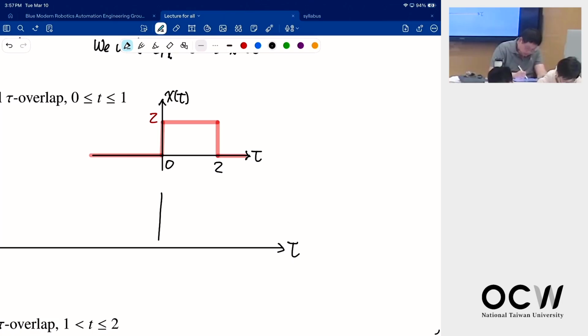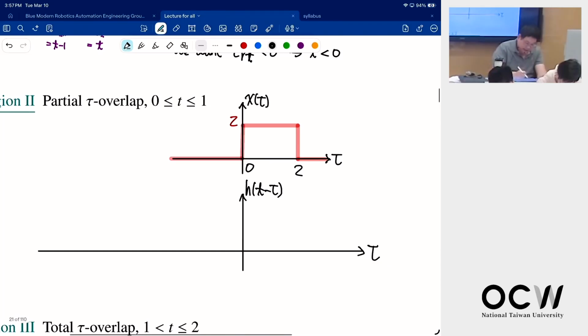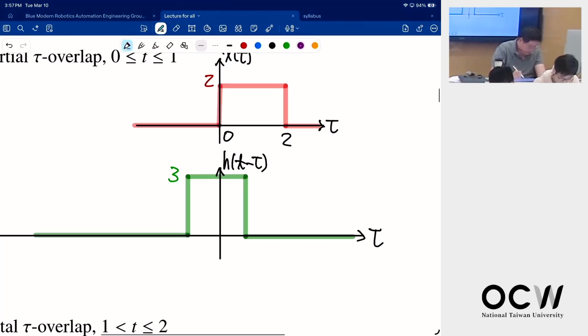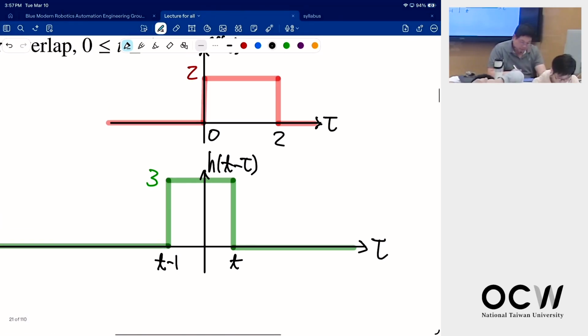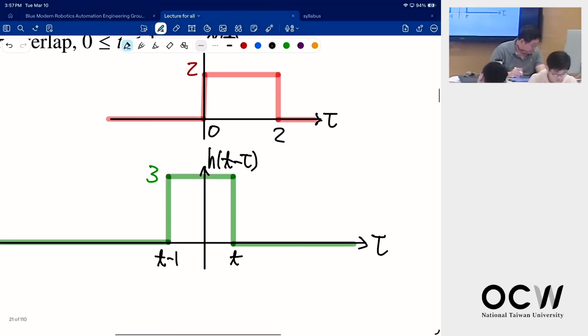This is h, h of t minus tau, and here we have t minus 1, and here is t. So when t is between 0 and 1, then we have an overlap.